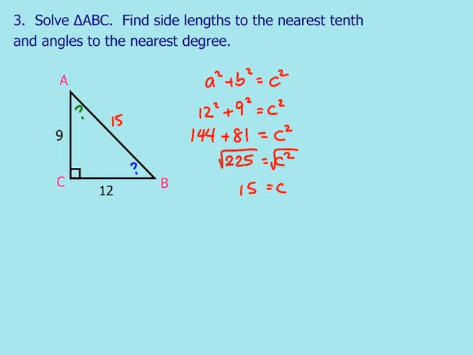Let's figure out what angle B is next. So this guy is going to be my theta. In order to figure out what angle B is, I'm going to put my eyeball here. And that means that this side is the opposite. We got our hypotenuse and the adjacent.